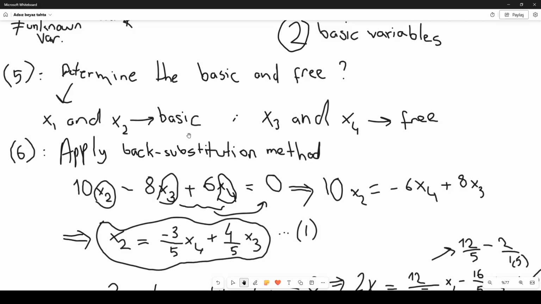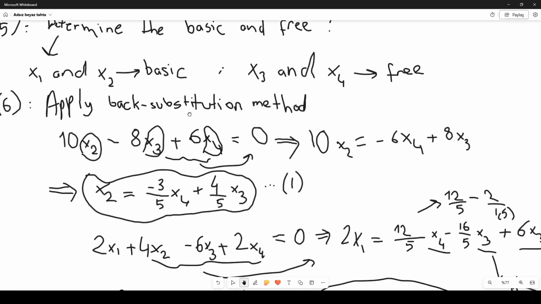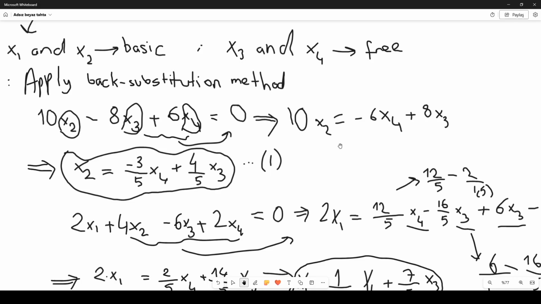And the non-basic columns are the columns that do not include the pivotal elements. In our case, x1 and x2 are the columns that include the pivotal elements, and therefore the variables associated with those column numbers are the basic variables, which are x1 and x2 in our case, and x3 and x4 of course would be free.